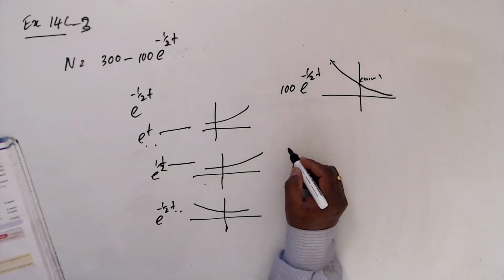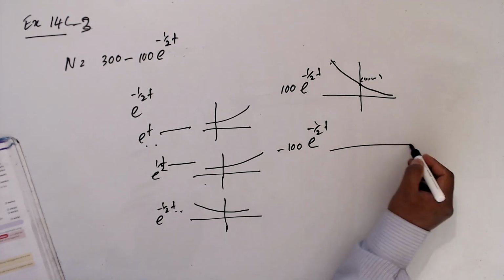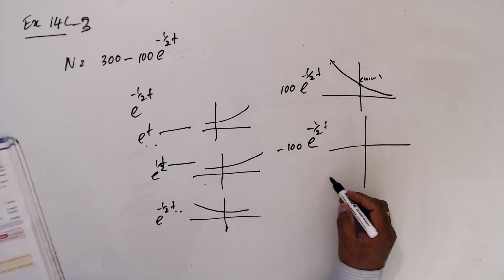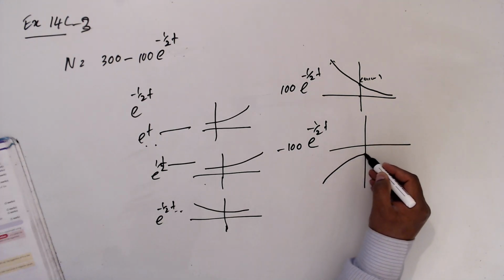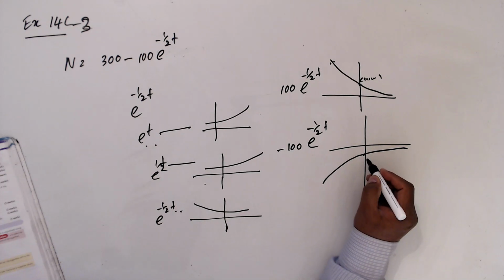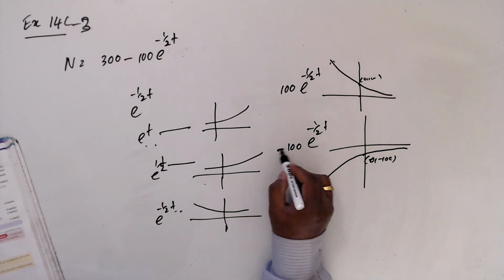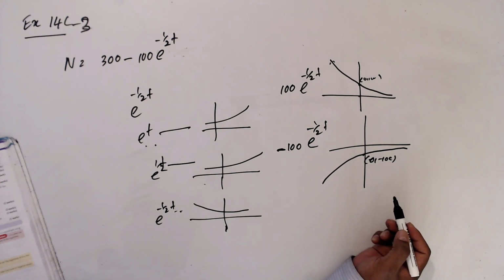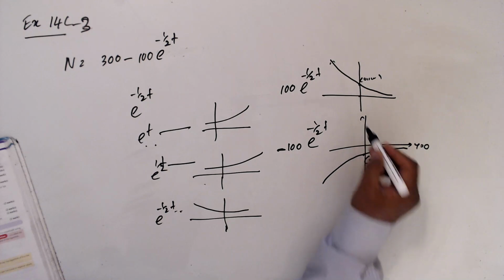And now minus 100 e^(minus half a t). It means it's going the opposite. All the values are going to be like this. So this is going to be minus 100 at 0 now because of this negative. Then this is the y equals 0 line.